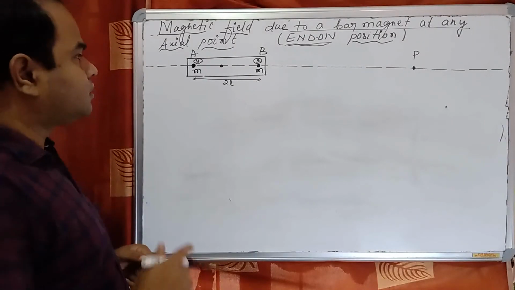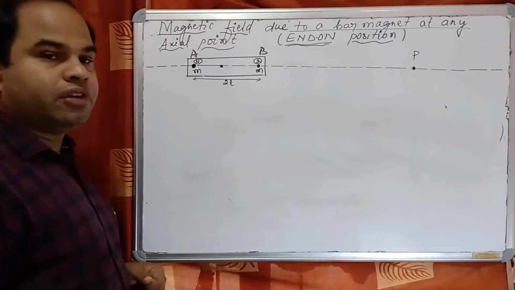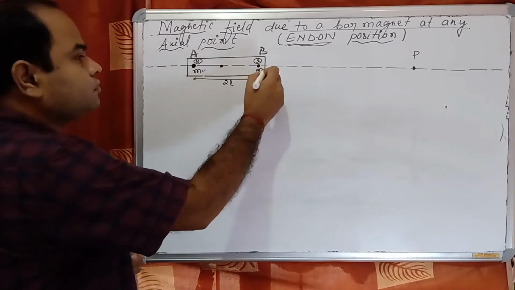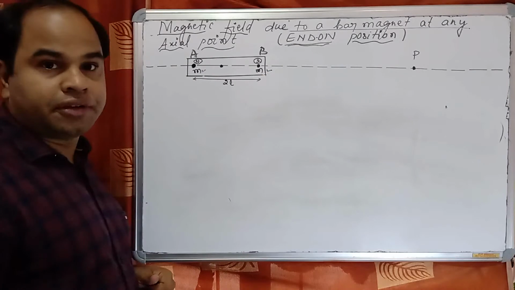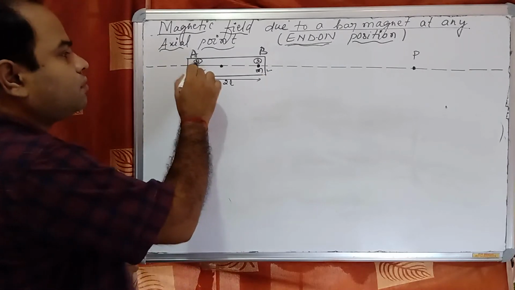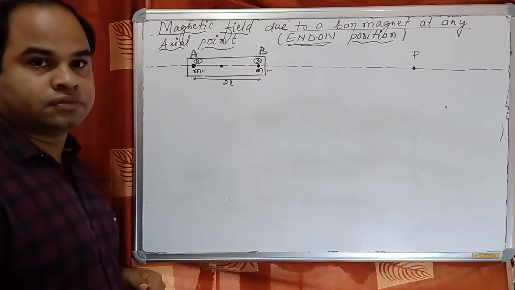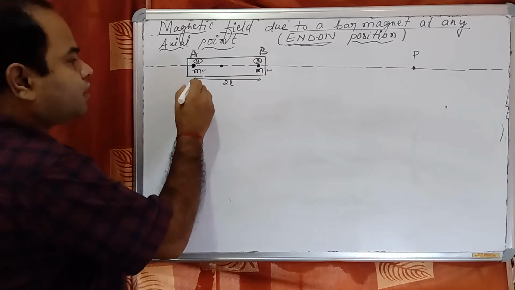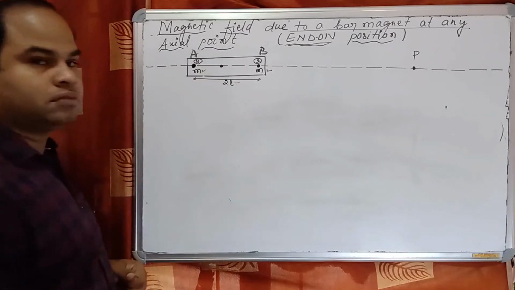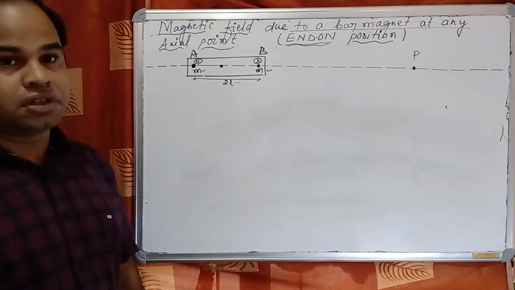This is the north pole of the bar magnet, and this is the south pole of the bar magnet. The two poles are separated by a distance of 2L.